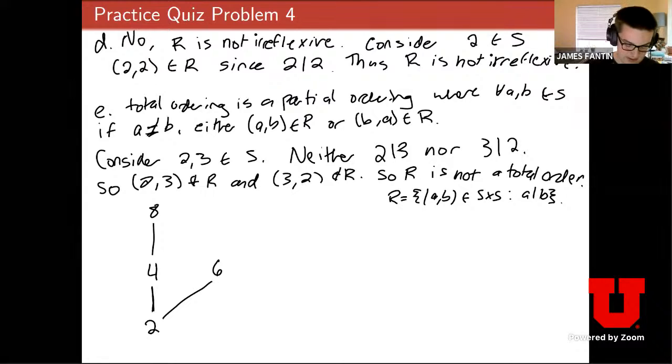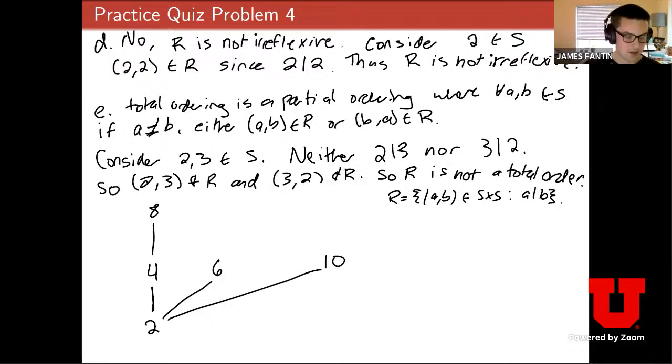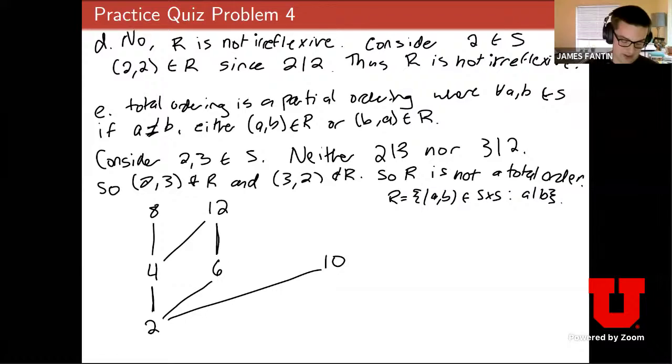We also have a 10 that 2 will be related to, and then we have a 12. For the 12, anything related from 6 is related to 12. We also have 4 being related to 12. So 2 is related to 4, and 4 is related to 12; 2 is related to 6, and 6 is related to 12. That's how we show these.